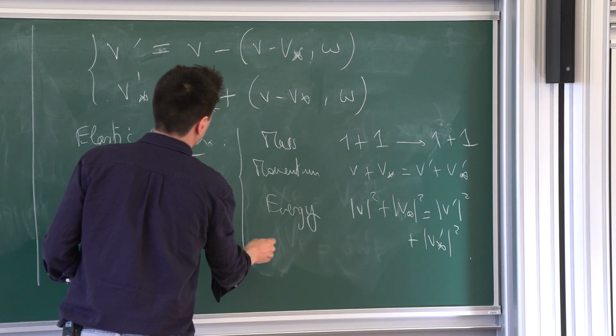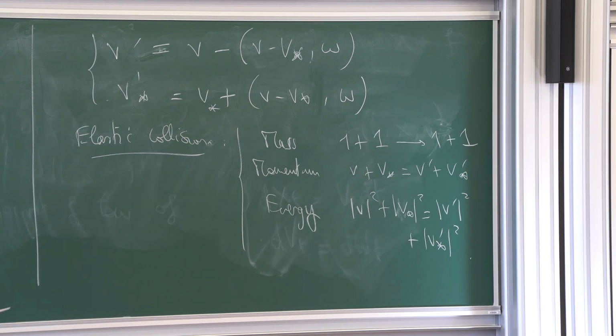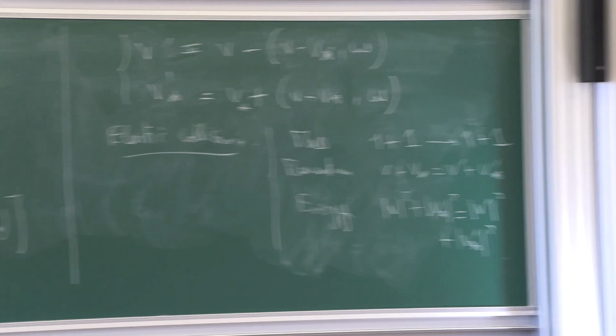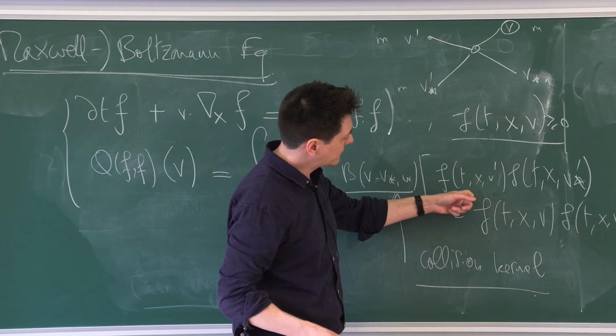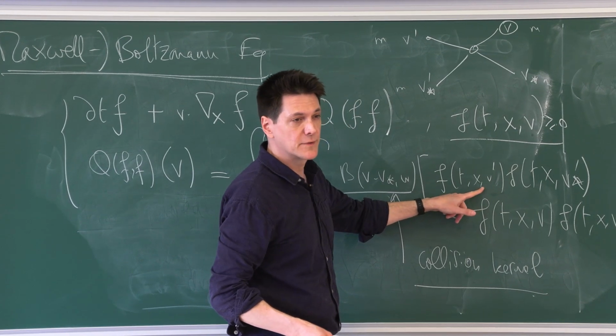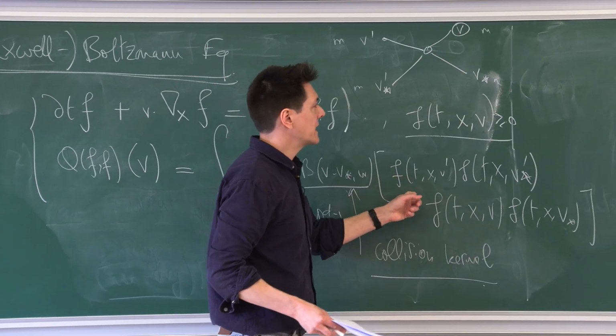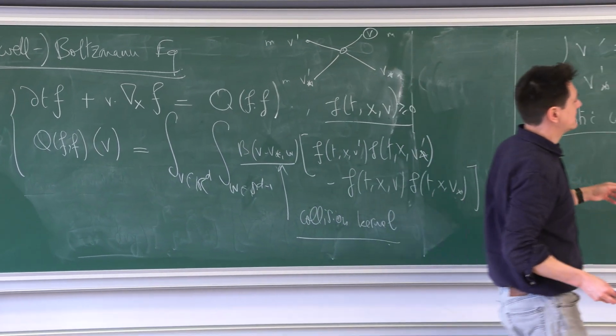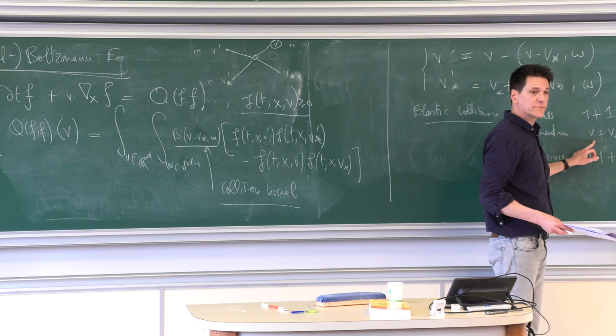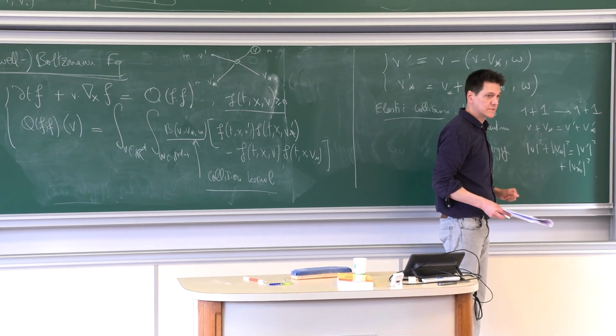And you can check that these conservations are faithfully inherited by the operator, meaning that this operator will not change the integral of f against 1, the integral of f against v, the integral of f against v square.